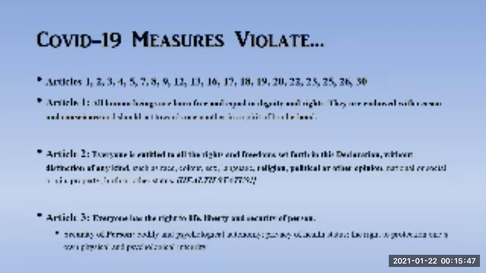So, Article 2, everyone is entitled to all the rights and freedoms set forth in this declaration without distinction of any kind, such as race, color, sex, language, religion, political or other opinion, national or social origin, property, birth, or other status. That includes your health status.